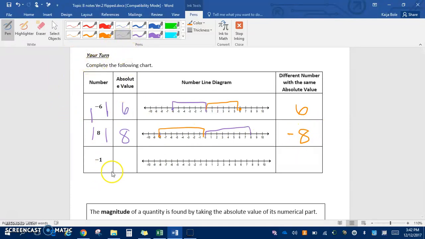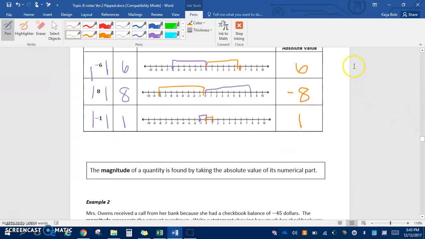Then one more, negative 1. If we put absolute value bars, the absolute value of negative 1 is 1. It's 1 unit away from 0, and another number with the same distance would be positive 1. So basically absolute value just turns every number into the positive version of that number.